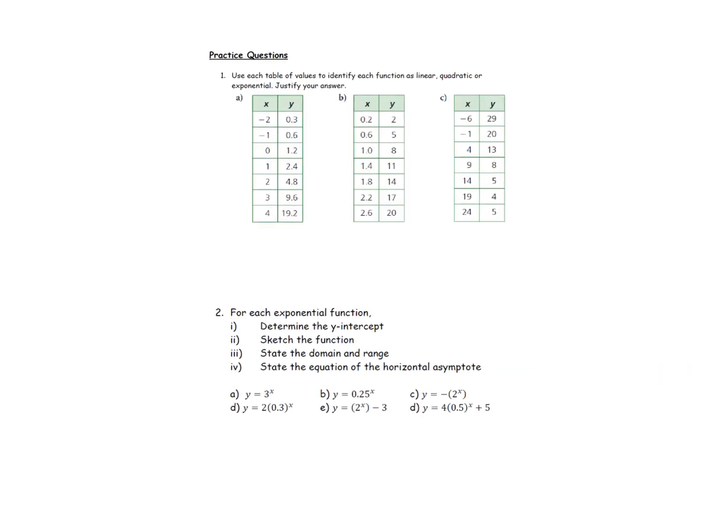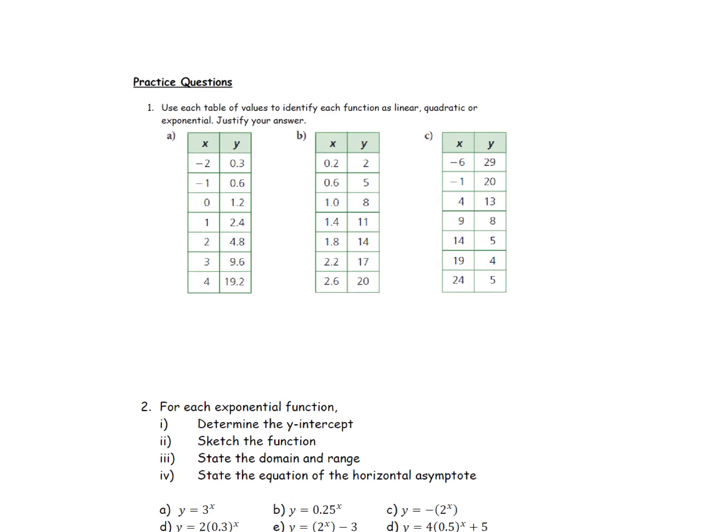So we're going to look at a few questions that are in the guide here. In this question, it wants you to justify whether the table of values given is linear, quadratic, or exponential. So the first thing I would check for might be linear. So remember, if it's linear, the first differences are the same.